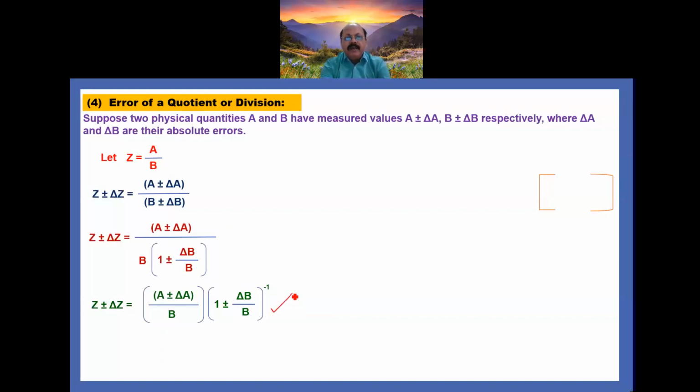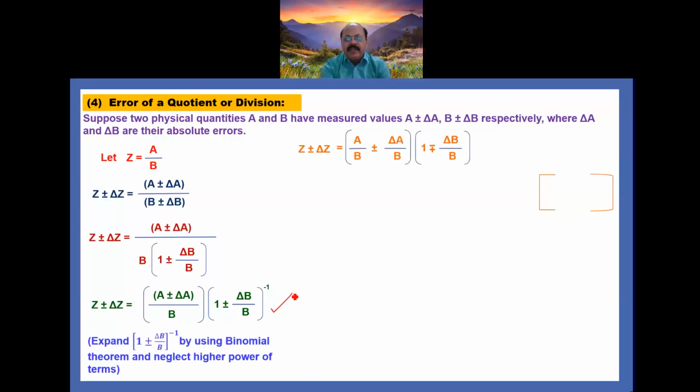Now we expand it by using the binomial theorem and neglect the higher power terms, because in the higher power terms the squares and cubes are there, and delta B upon B itself is a small value. When we take its square or cube, it becomes very small. So that's why we neglect the higher power terms.